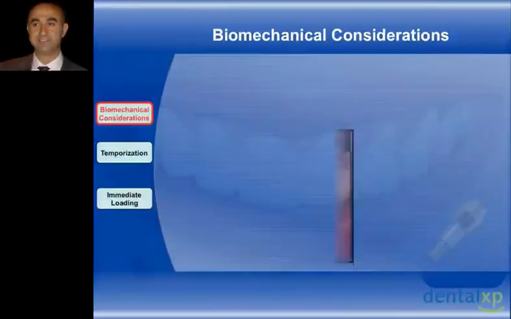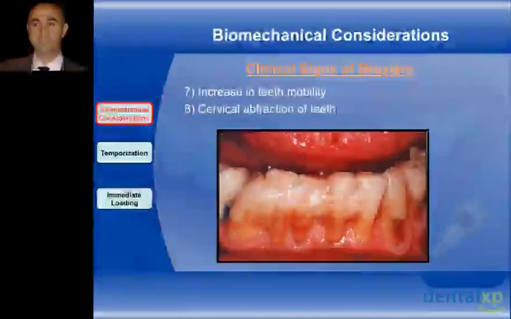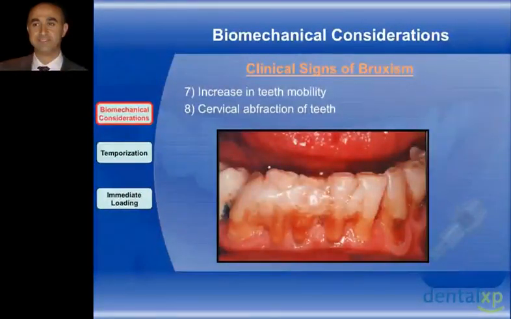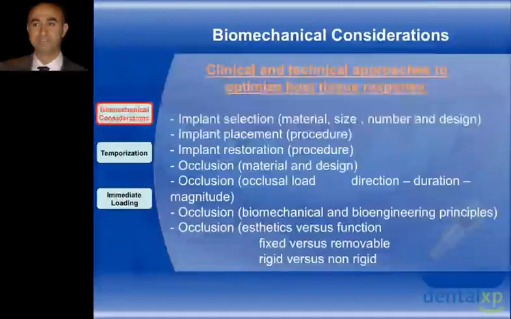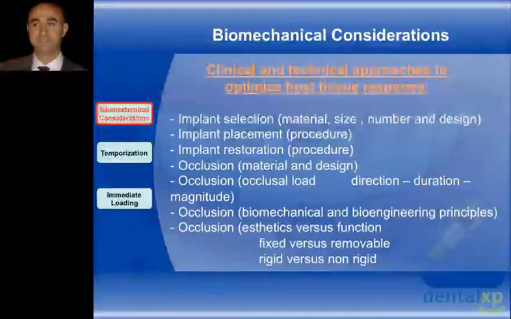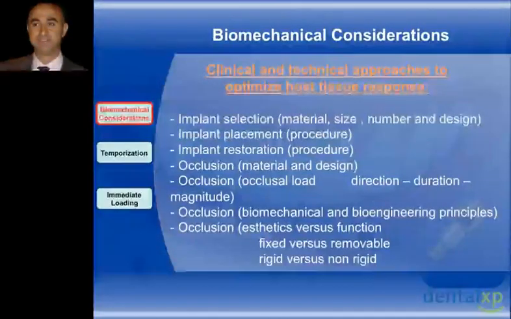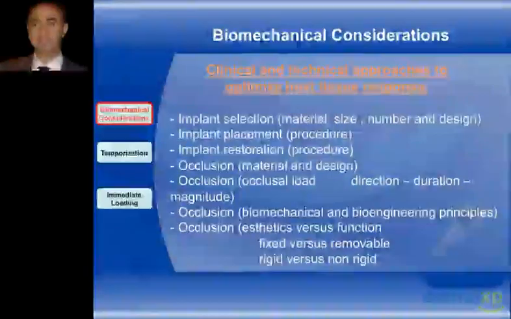Again, some signs which we all know: increase in teeth mobility if we have natural teeth, and we can get some cervical fractures, which gives you a hint that this patient has excessive abnormal occlusal overload, and we have to really biomechanically analyze the implant itself. So in other words, the clinical and technical approaches to optimize host tissue response are basically based on certain criteria.